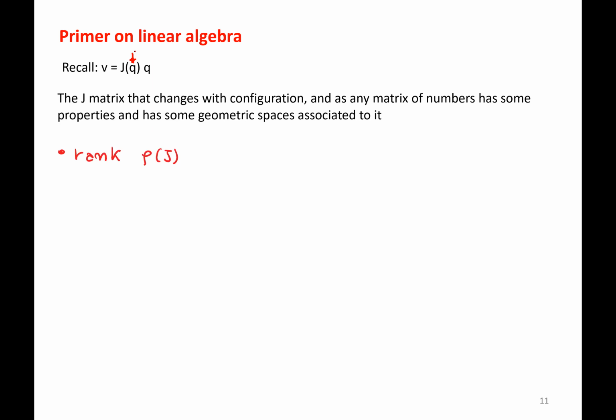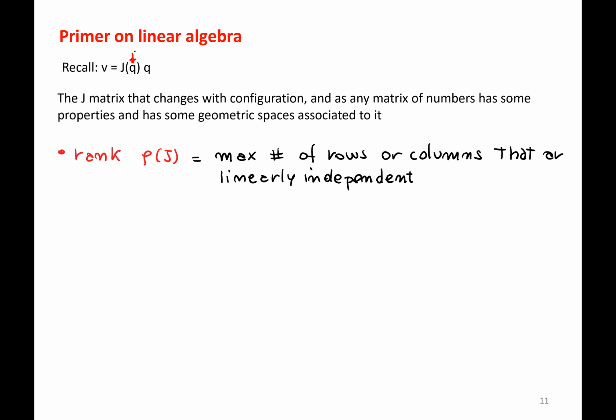And the first concept is the rank. We define it here formally. The rank of the matrix is the maximum number of rows and columns that are linearly independent. In general, the rank is lower than or equal to the minimum between the number of columns and the number of rows.